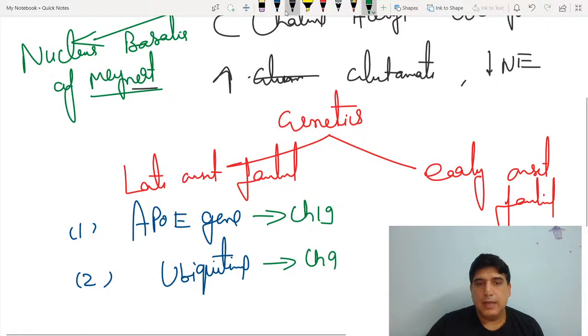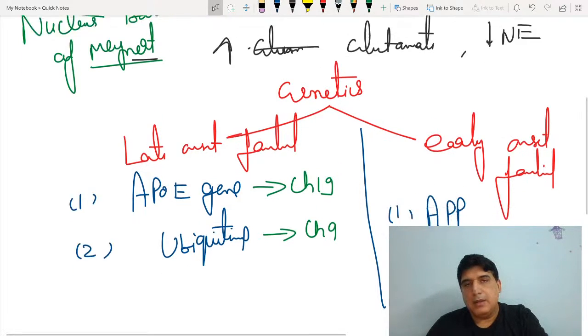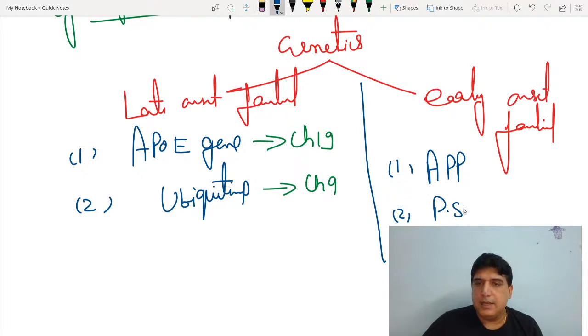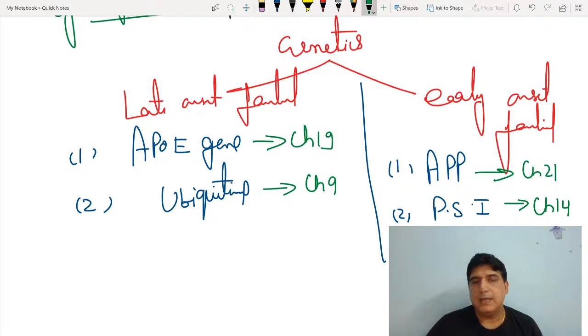Second, we have early onset familial dementia: amyloid precursor protein, presenilin 1 and presenilin 2. Amyloid precursor protein 21, presenilin 1 14, presenilin 2 1. That they can ask you.